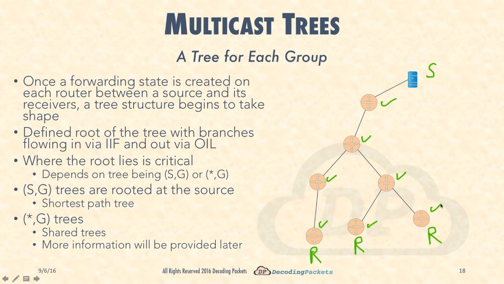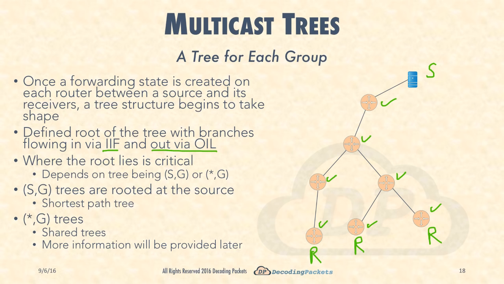All of those states will have an IIF, so that's where the packet flows in from, and they will have an OIL. So packets coming in via the IIF and leaving out via the OIL. Once you start putting these things on paper and actually start building out the topology, you will find that it usually results in this nice little tree structure.